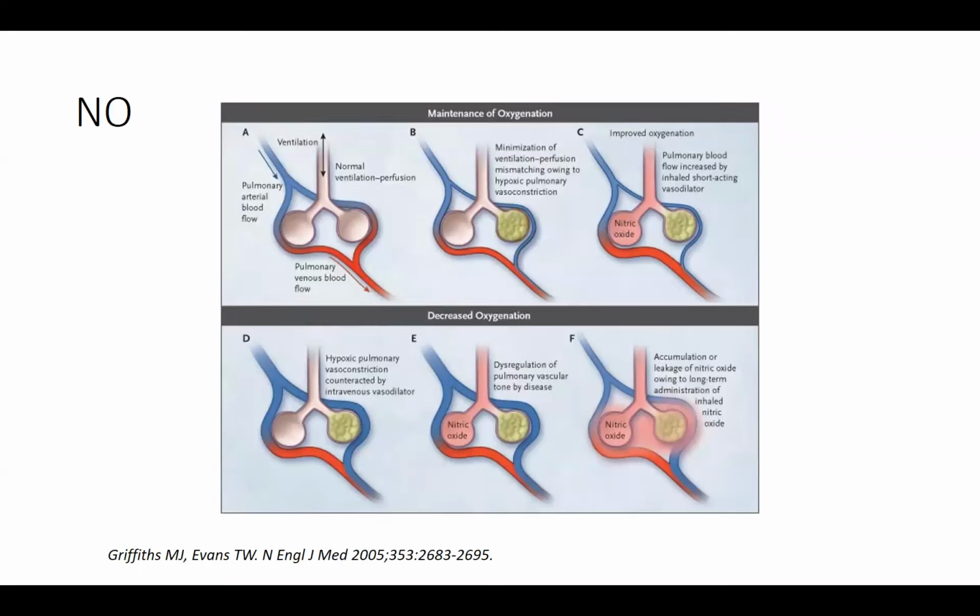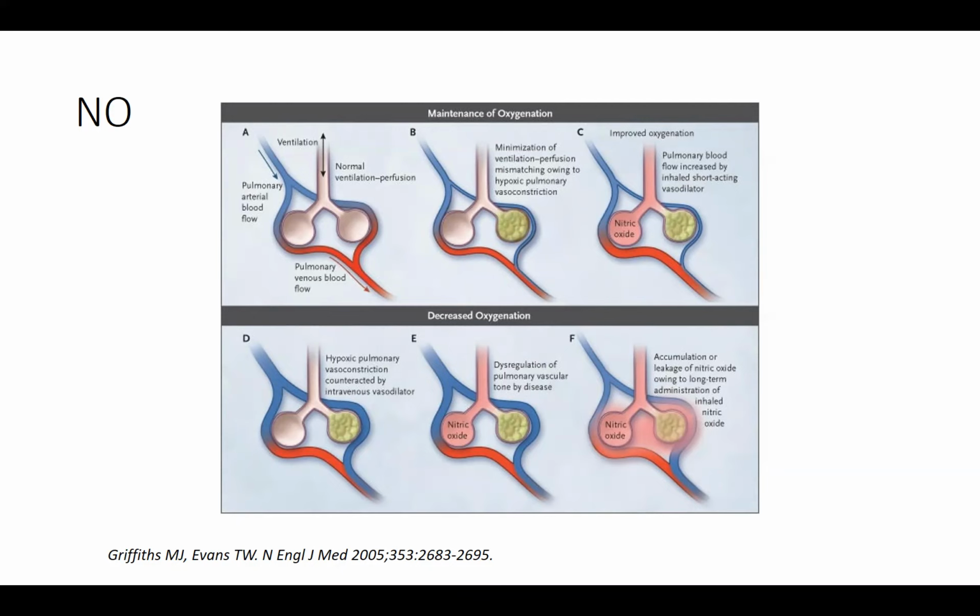Nitric oxide. Nitric oxide, as you all know, improves oxygenation. And the way it does that is by improving VQ matching. Because it is inhaled, it goes to alveolar units that are well ventilated. So it selectively dilates blood vessels in areas of the lung that are ventilated.